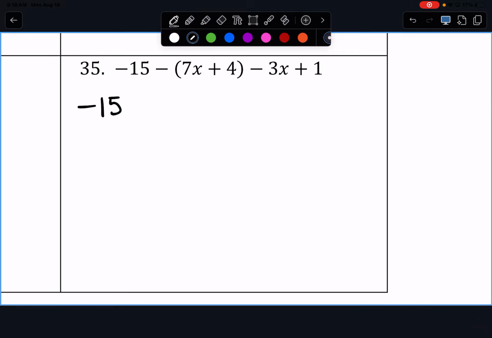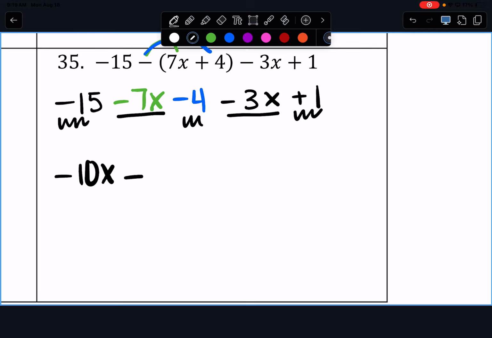Bring it down. All right. So variable terms. What are our variable terms? Which gives us what? Negative 10x. And then what is our constant terms? So what does that give us? Negative 18.